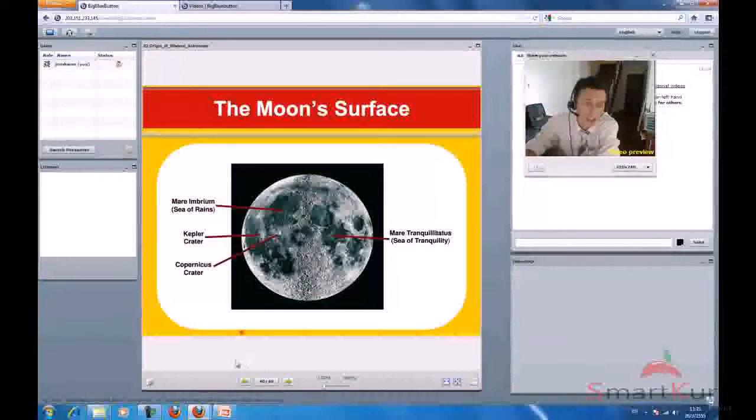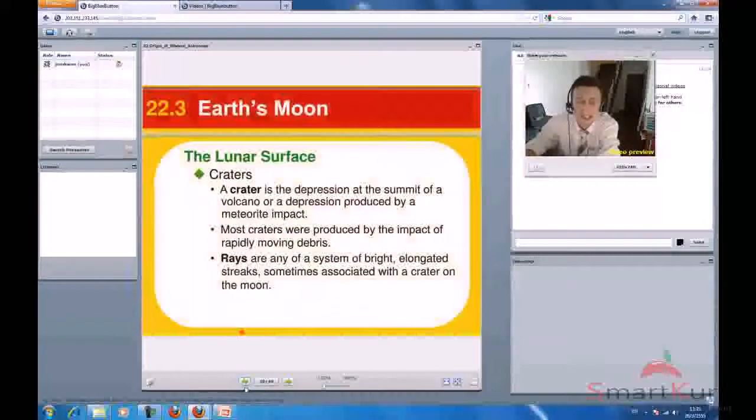A little bit about the surface of the Moon. Remember, we learned that Galileo was the first person to describe the surface of the Moon. When we look at it today, we see a lot of craters. A crater is the depression at the summit of a volcano or a depression produced by a meteorite impact. You can see a good example of one of those in the next picture.